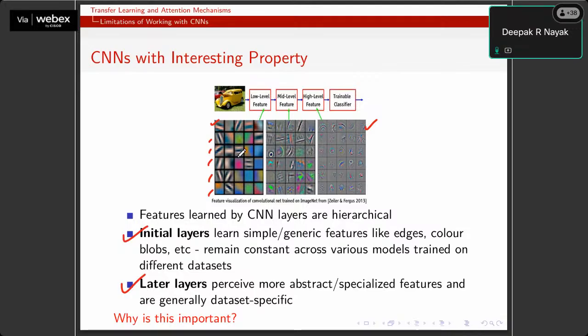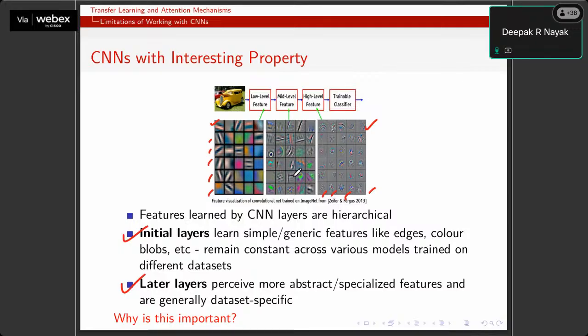But the features at the later layers are very specific and specialized, which means they are data dependent. If I change this particular picture to some other picture, these features are going to be different because they are very specific to the input data. This is very, very important. Why is this important? Because we are going to use this concept in transfer learning as well.